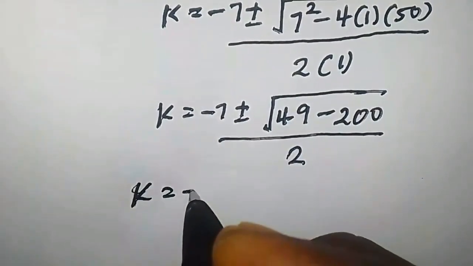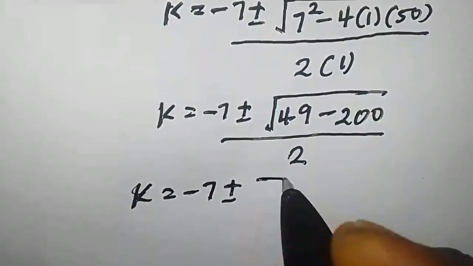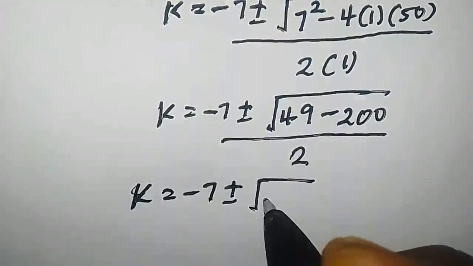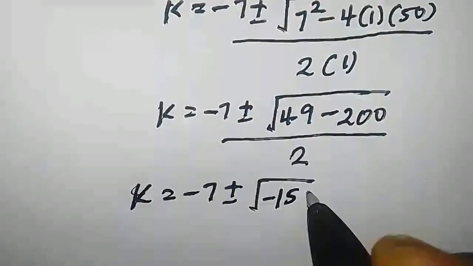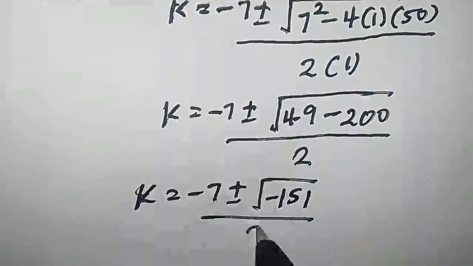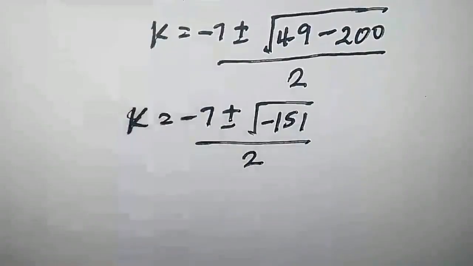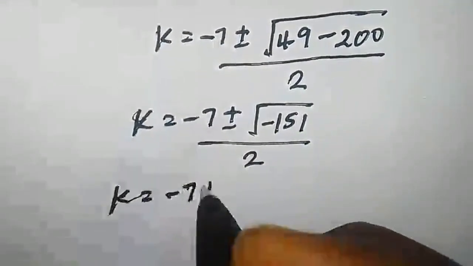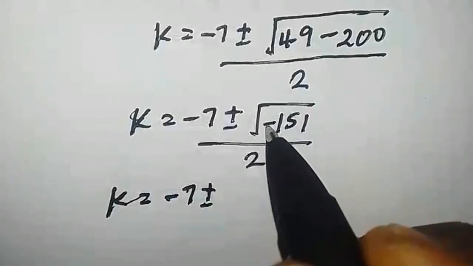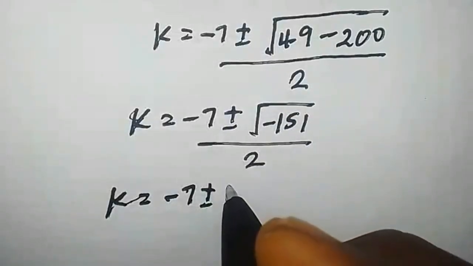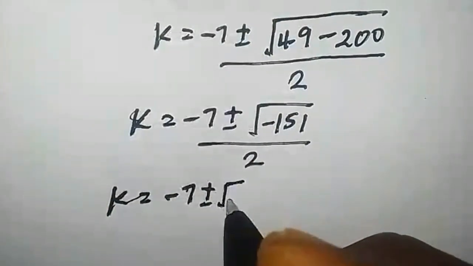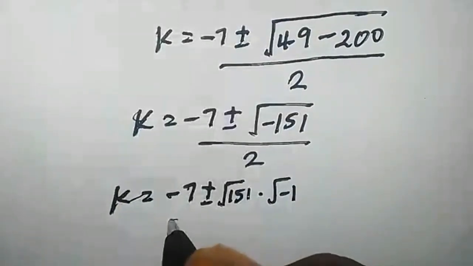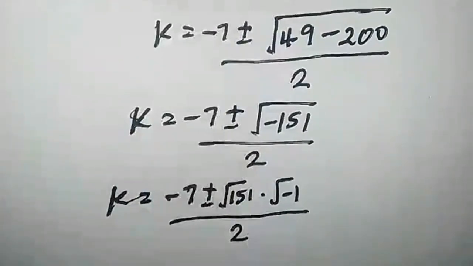K equal to minus 7 plus or minus square root of 49 minus 200, that is negative 151, divided by 2. Let's proceed further. I can rewrite square root of minus 151 as square root of 151 times square root of negative 1, divided by 2.